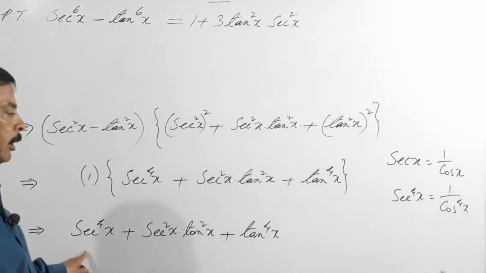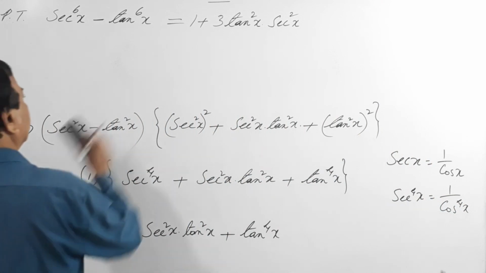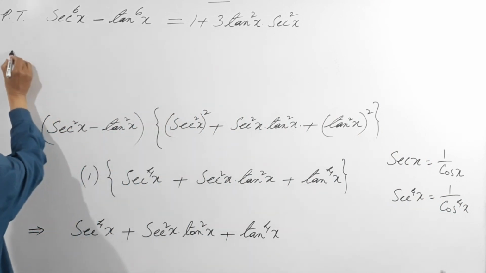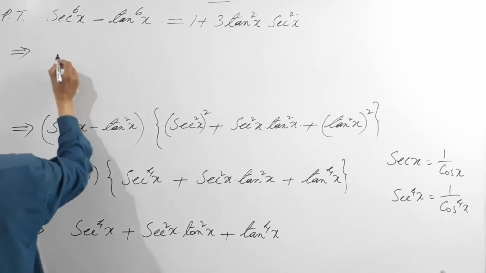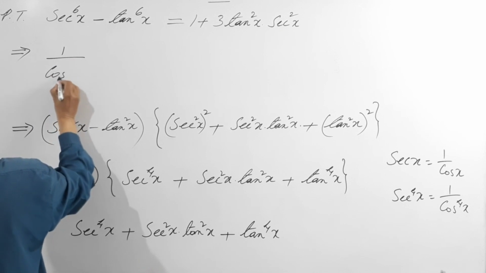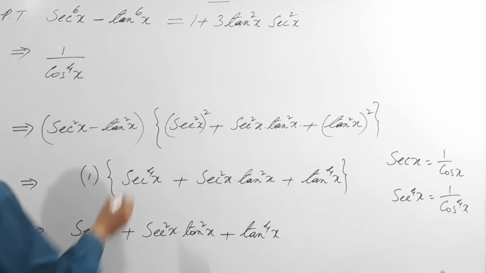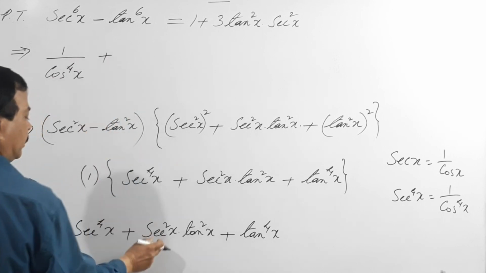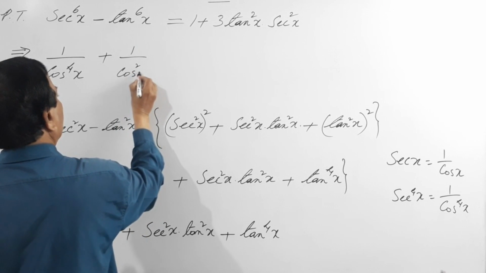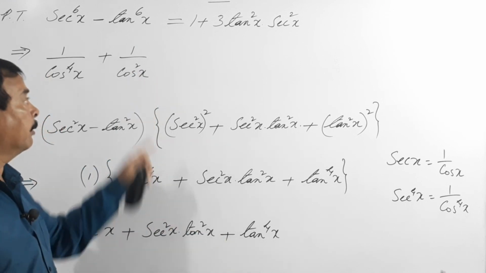So this becomes 1 by cos to the power of 4x plus secant square becomes 1 by cos square x. I want to bring everything in terms of cos, that's what I am trying to do.